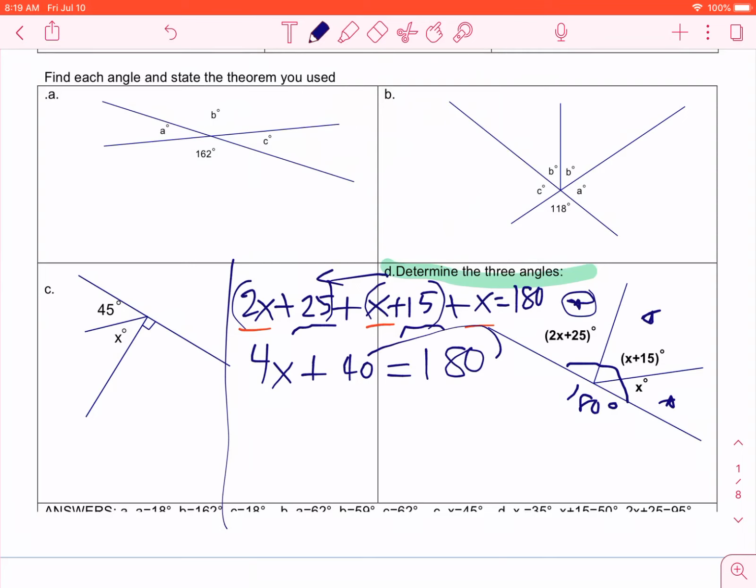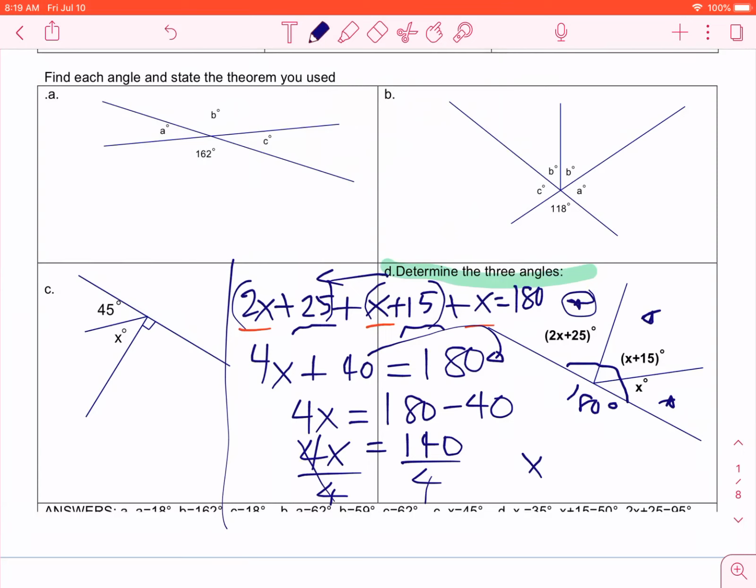I'm going to bring 40 to the other side. Remember, once it crosses over that equal sign, I'm going to have 180 minus 40. 4x equals 140, and then divide both sides by 4. x should be equal to 35 degrees.